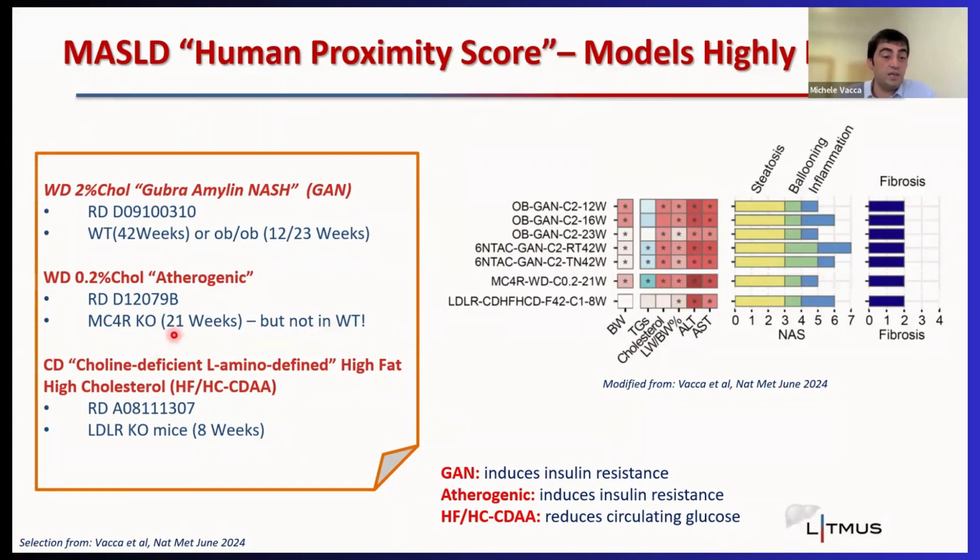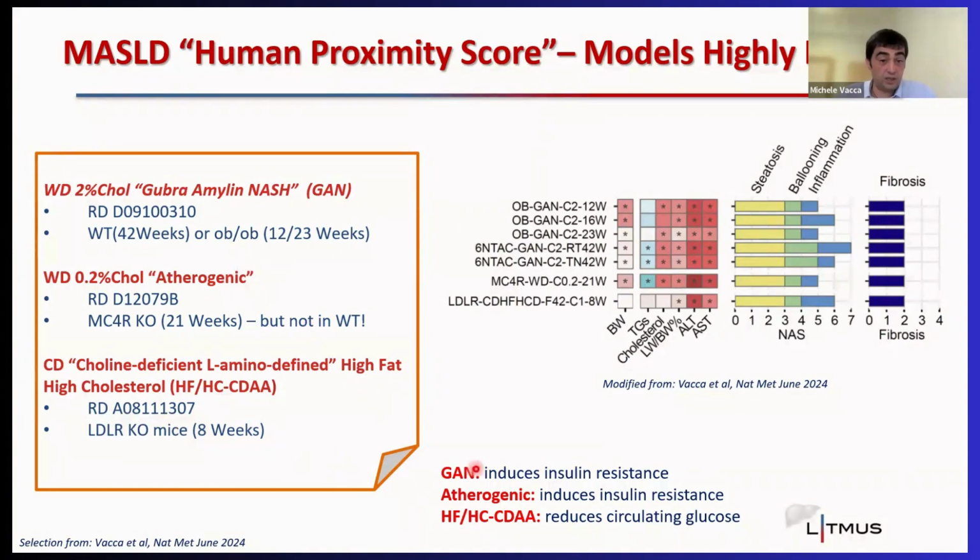Another model that seems to perform really well is the choline deficient, amino acid defined, high fat, high cholesterol 1% diet when feeding LDL receptor knockout mice for 8 weeks.